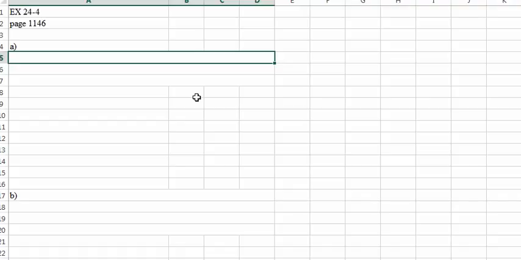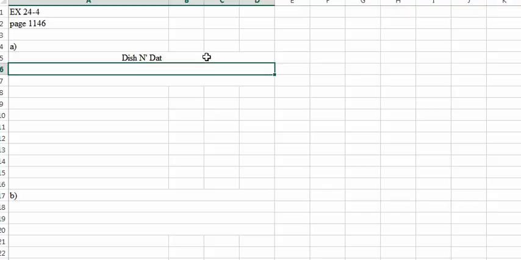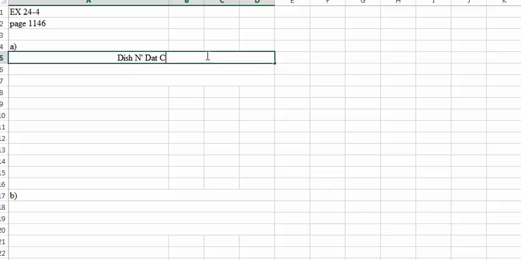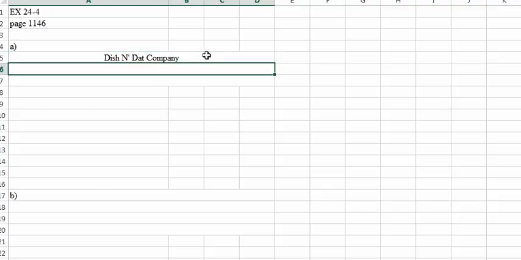Okay, and that's for the ACC 121 IN1 course. Okay, so we'll start it out with the name of the company, Dish and Dat Company. And this is differential product analysis report.